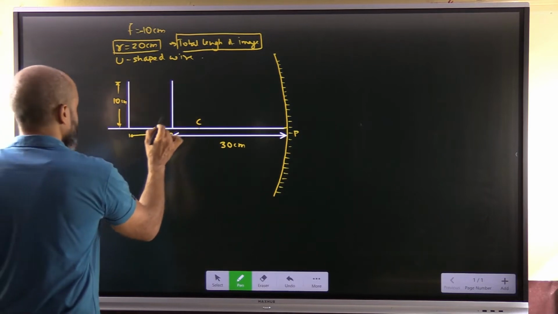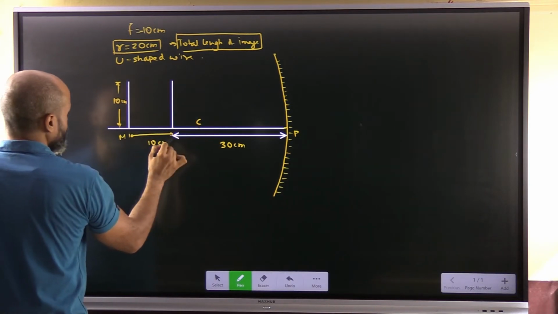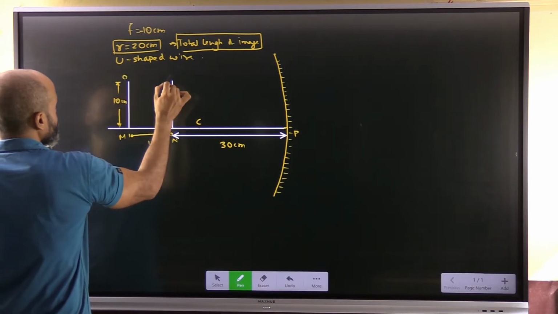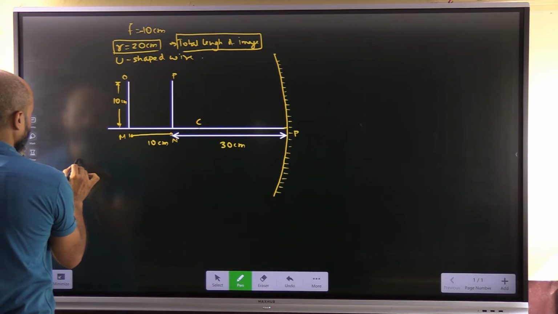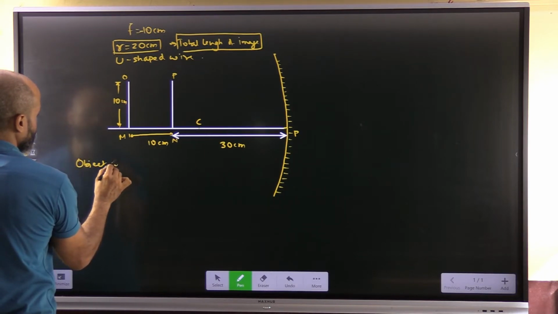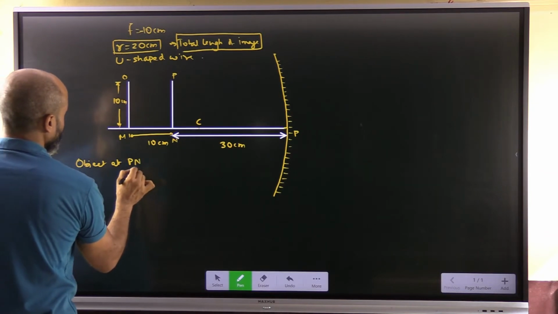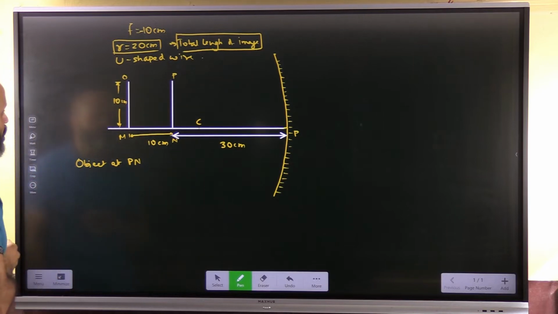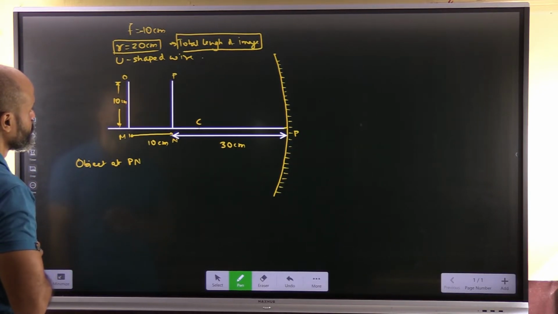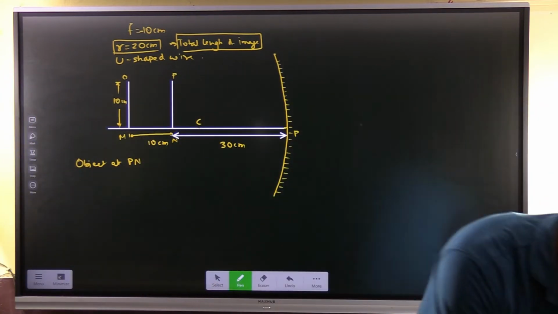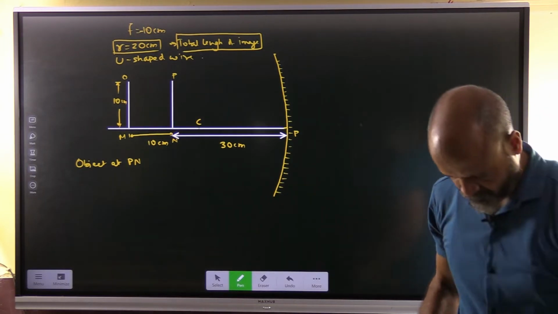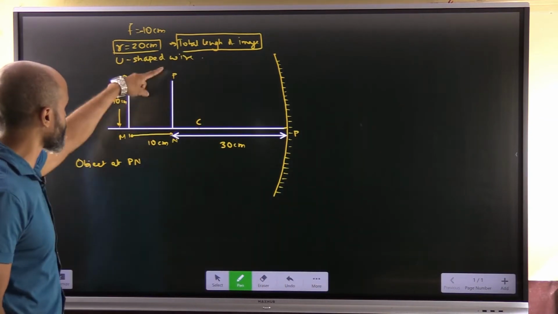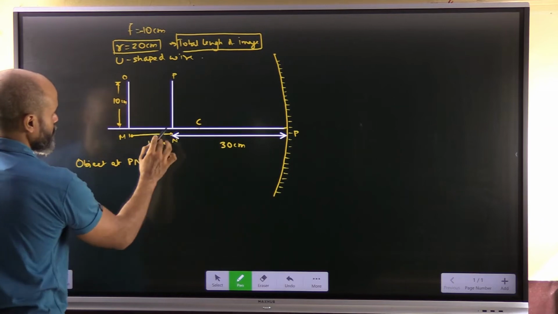Now let's say I take this face as M, and this is N, and this is O and this is P. If I take the object at PN, this object is at PN, and the PN distance is 30 centimeter.